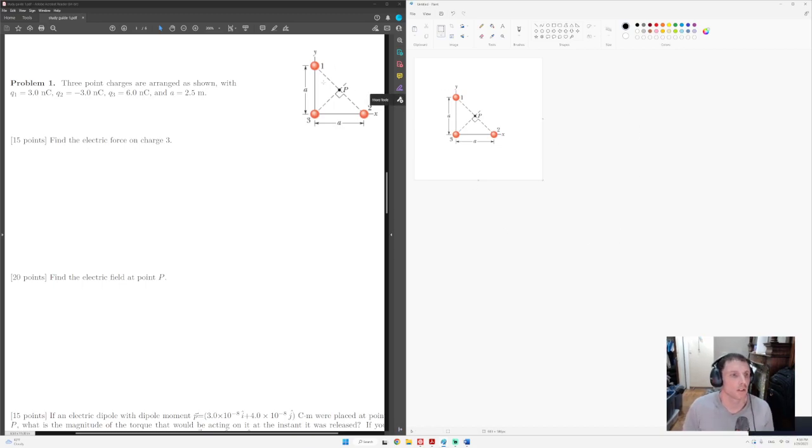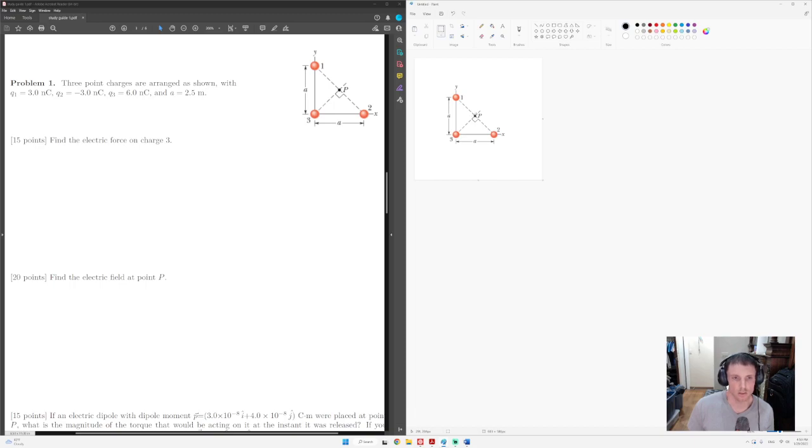Anyway, the simplest way to see what this distance is, say from charge 3 to the point P or charge 1 to the point P, is that this almost makes a square, and point P would be at the center of this square.